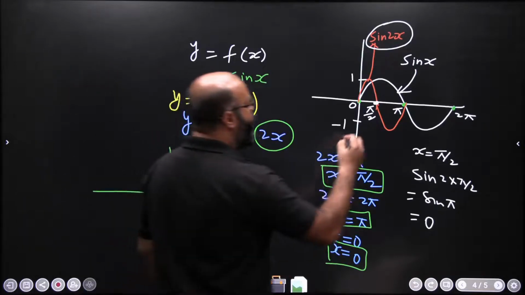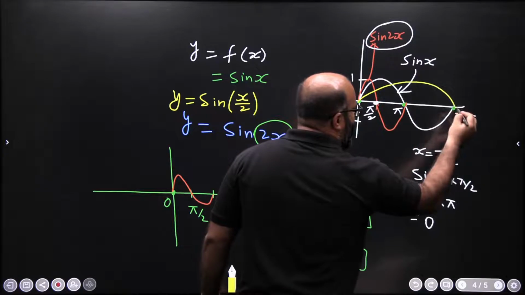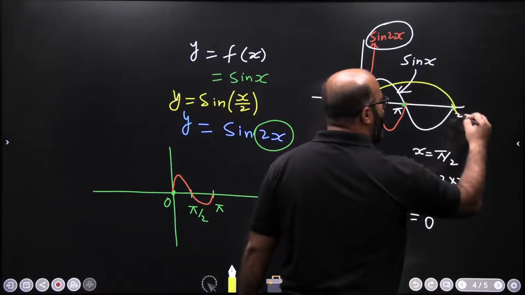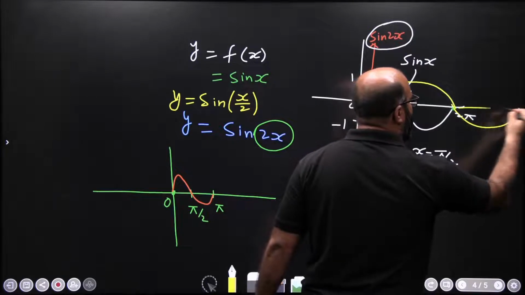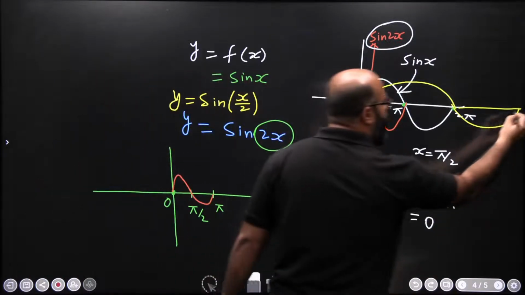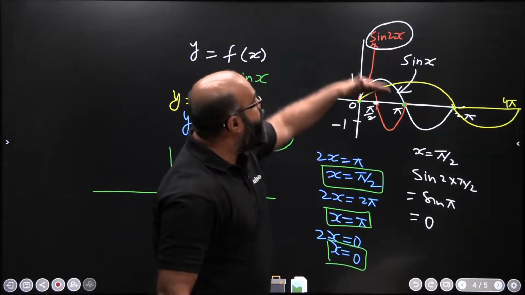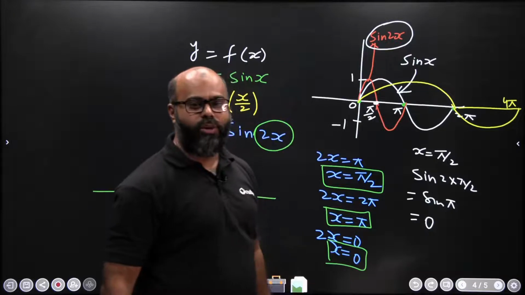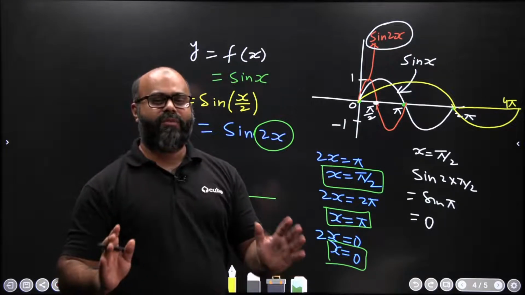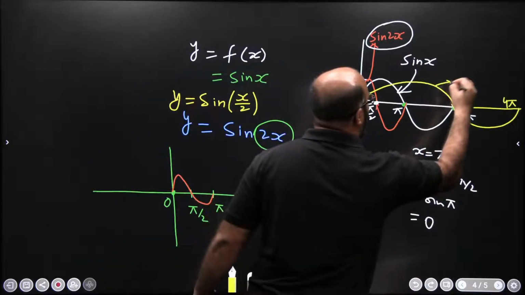So the new graph would be like this, this goes like this till here, and this further portion will go like this till here. So this will be the whole graph, the last point here is 4 pi, and the upper limit is 1, lower limit is -1 of the output, that does not change, but the input is affecting the graph. So this is how you can see the graph of sine x by 2.